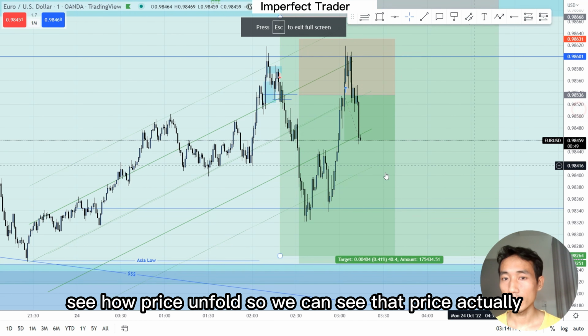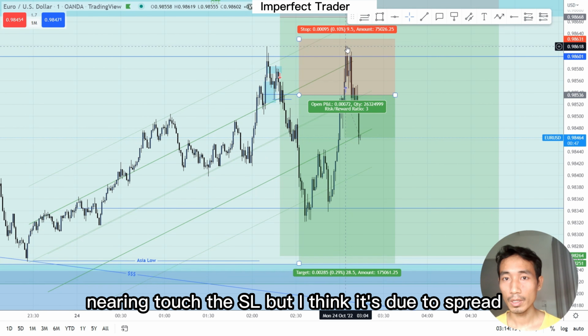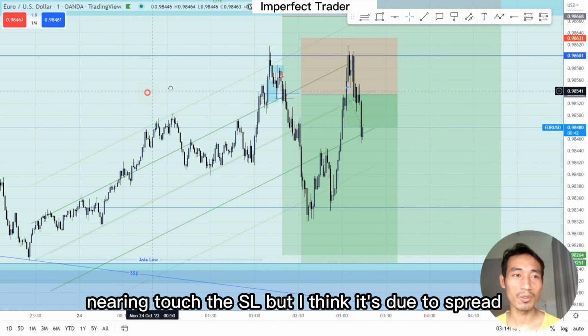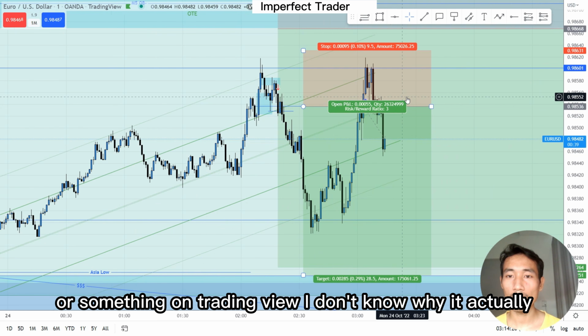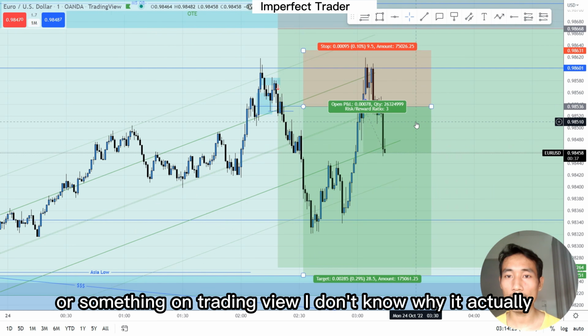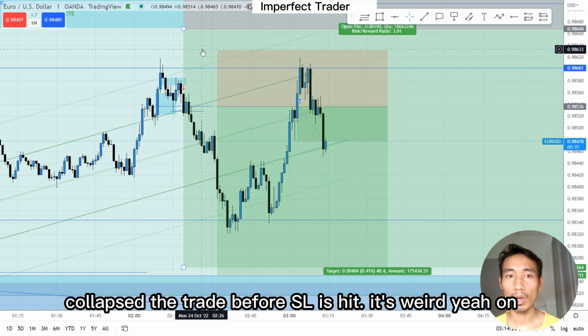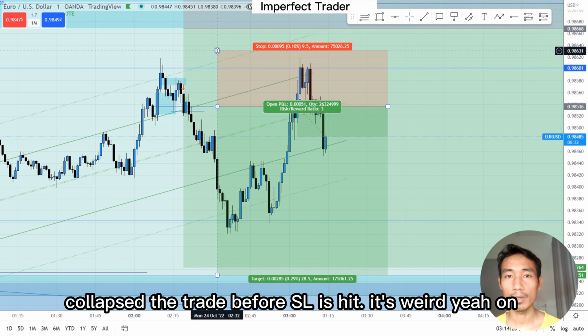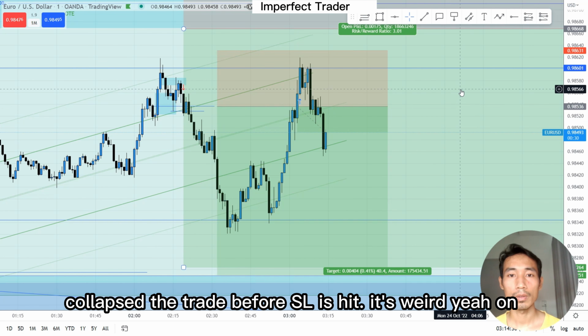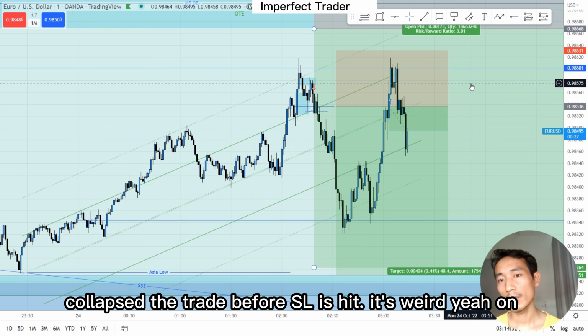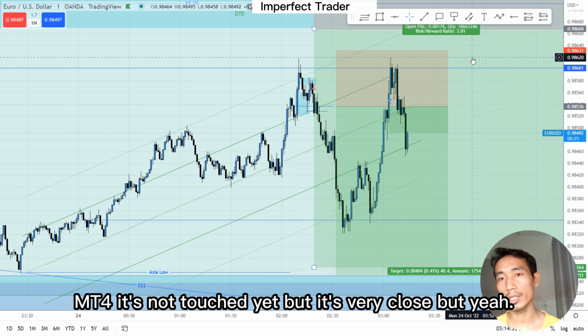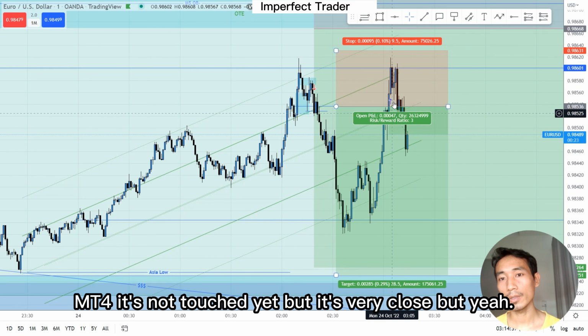So we can see that price is actually nearing the stop loss, but I think it's due to spread or something on TradingView. I don't know why it actually closed the trade before the stop loss was hit. It's weird. On MT4 it's not hit yet, but it's very close.